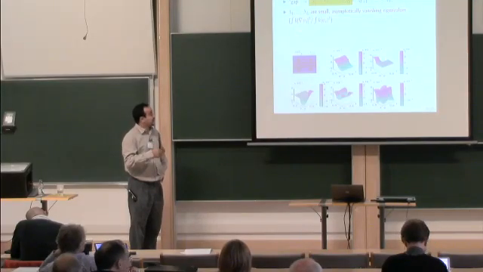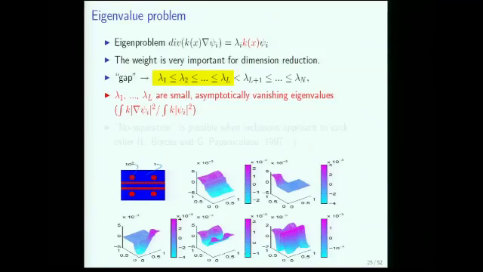You can see that, for example, from this Rayleigh quotient. If you look at the numerator, for functions that are piecewise constant inside these inclusions, it basically glues the inclusion together, so the numerator is of order 1, while the denominator is very large, because k is large while psi is constant. So you have a number of order 1 divided by a very large number, so it ends up being a small number.